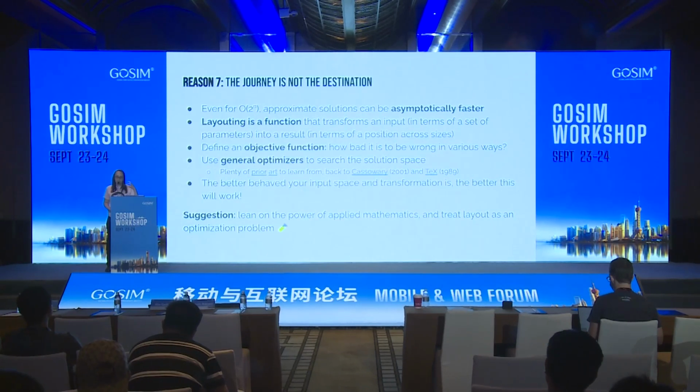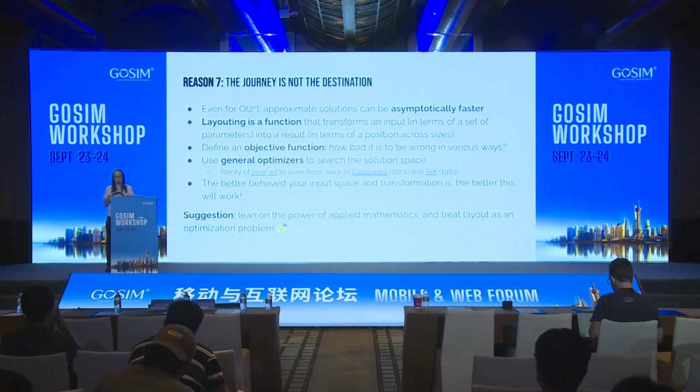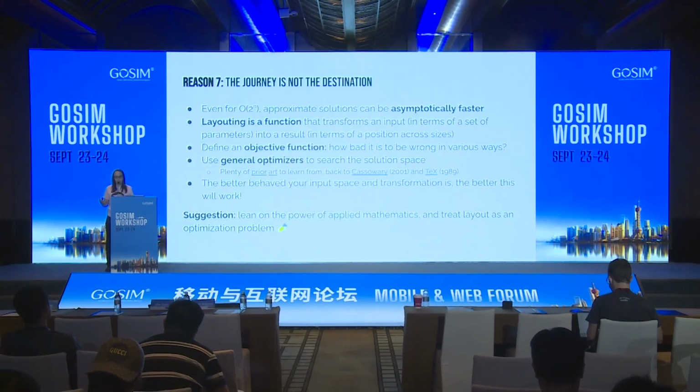You want continuity, you want smoothness, you want orthogonality of inputs, so that when you change one property, other things don't get changed. And these properties that make an API responsive and easy to learn and intuitive also help mathematical optimizers. So this is kind of an open question, an open challenge, a mad science idea. But I think that this is what the future of layout is going to look like.